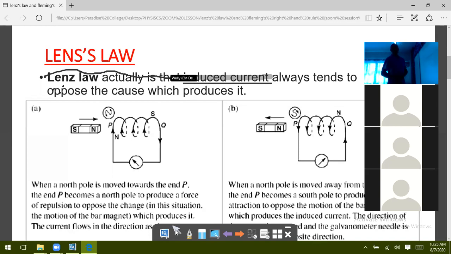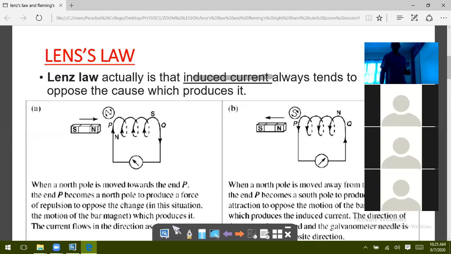Induced current is a current that is produced as a result of some relative motion. Relative motion produces induced current, and induced current needs the induced voltage, which is called electromotive force.